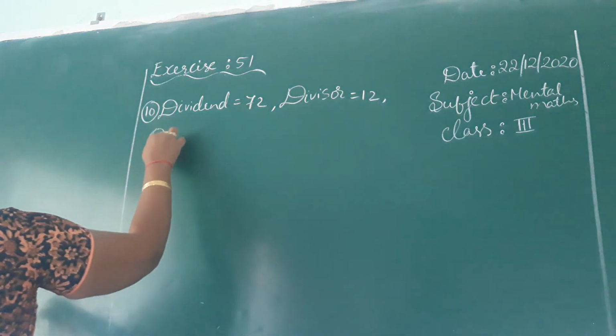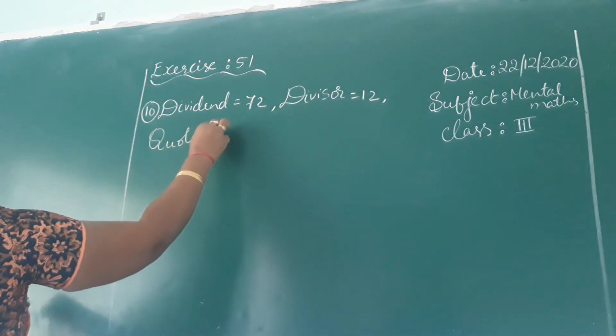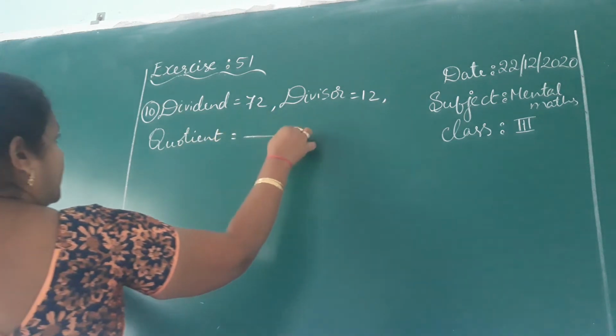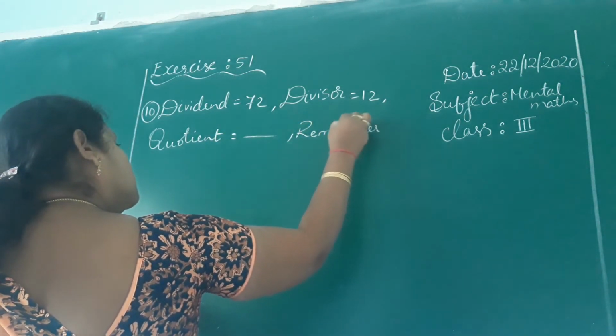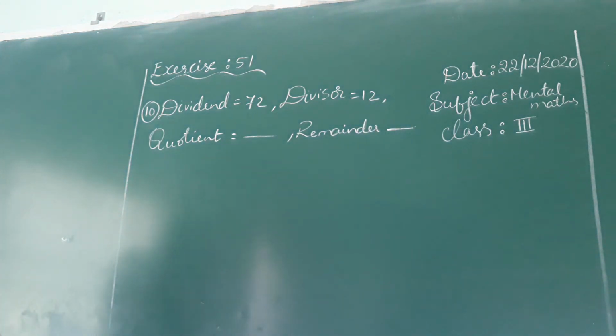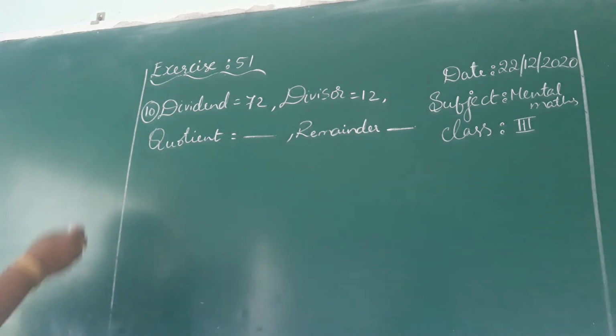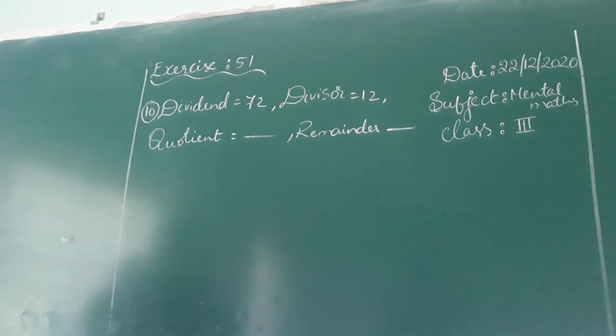Find quotient and remainder. Okay children, look at it. If you observe here, what is given? Dividend and divisor are given. They are asking us to find quotient and remainder.